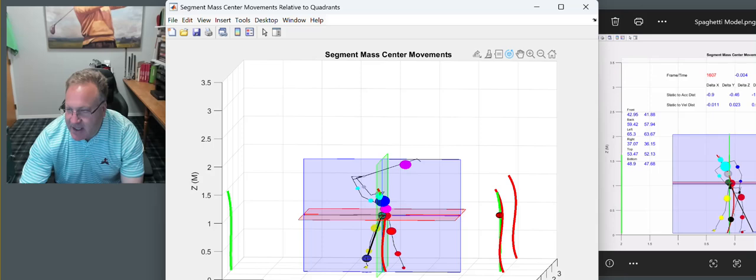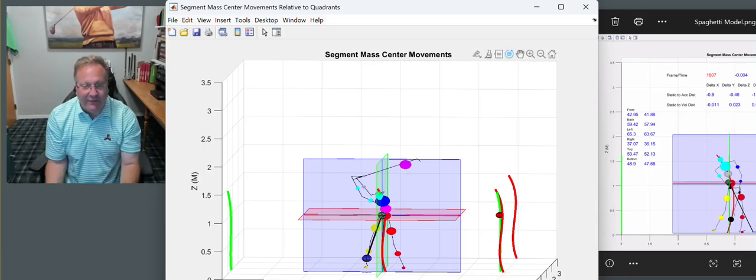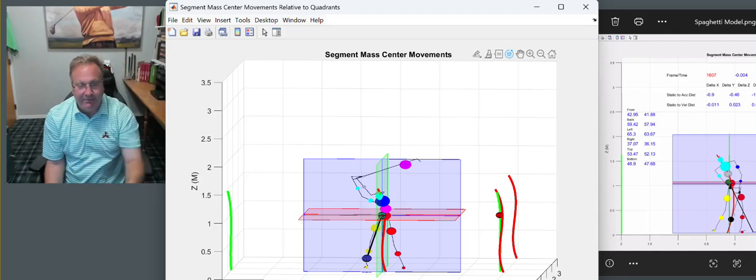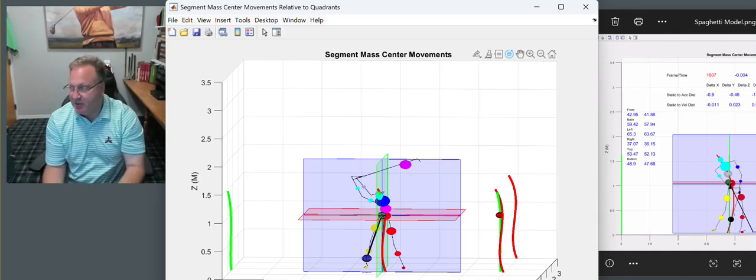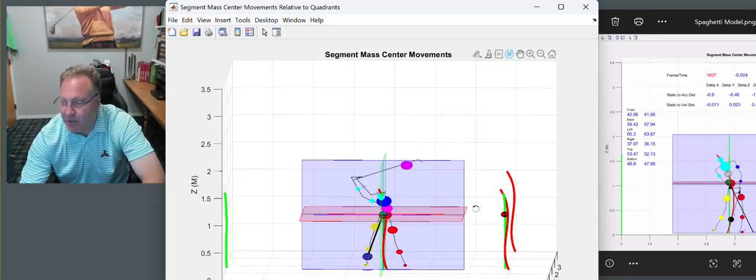And you can see those changes in bowstrings. That tells us a lot about how the whole fabric of the body from head to feet is changing throughout the motion.